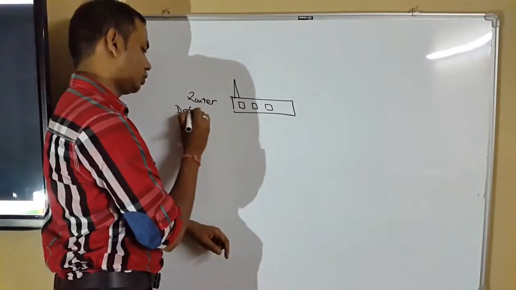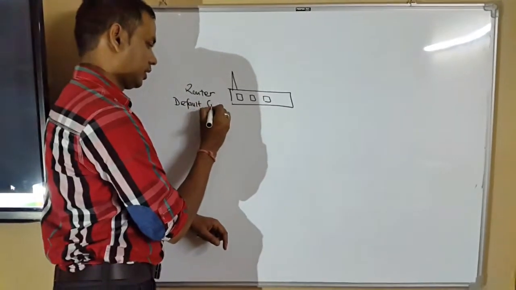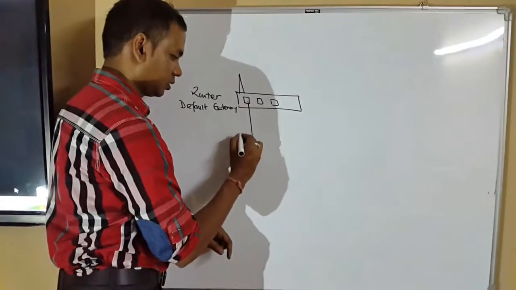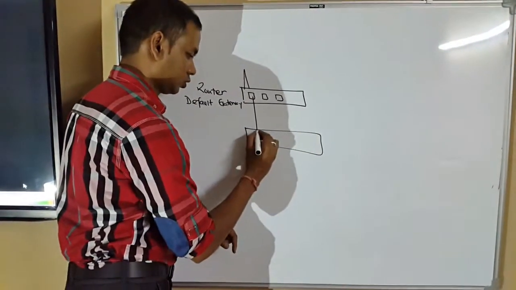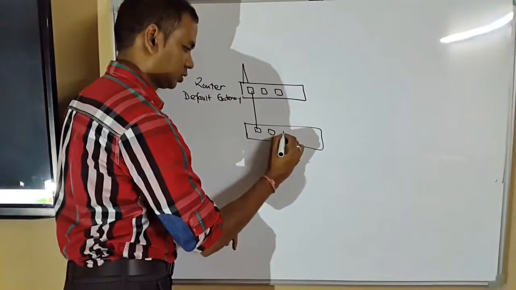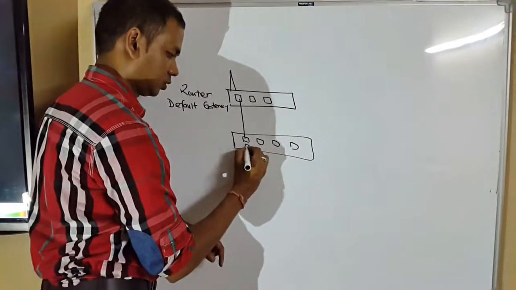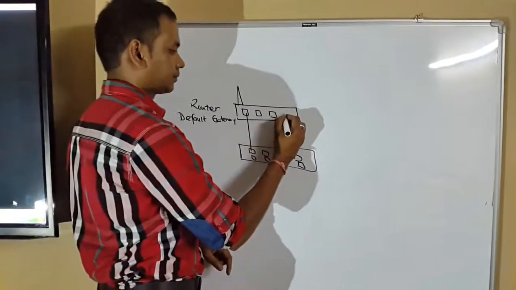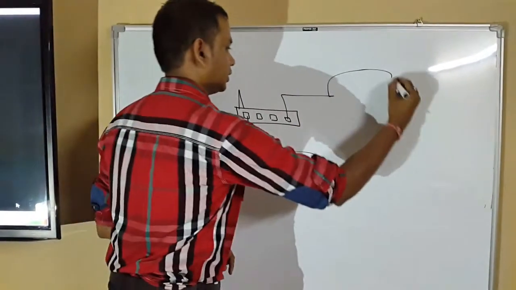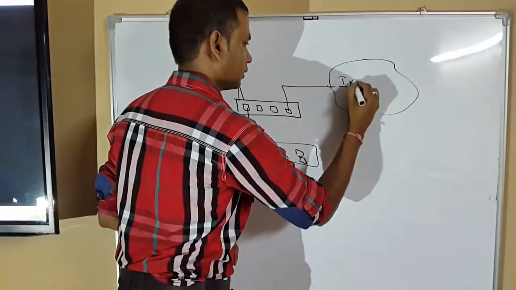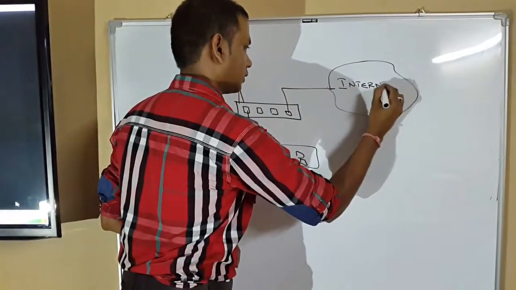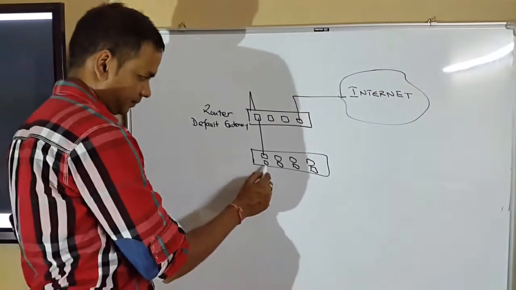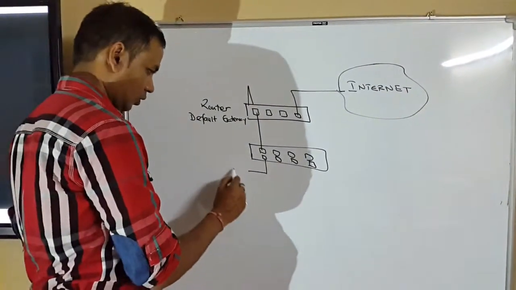Assuming you have the default gateway, your router is connected to your switch, and from here connected to the internet. Okay. From here, you have your PC.